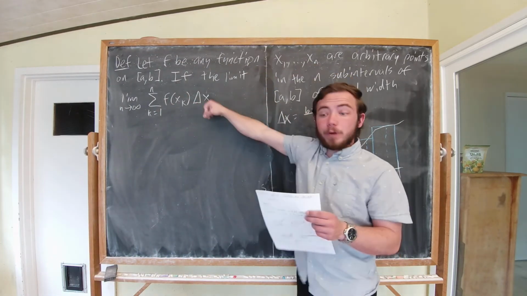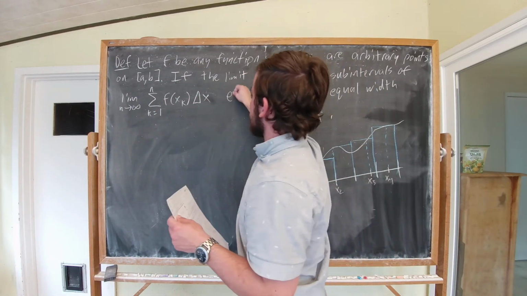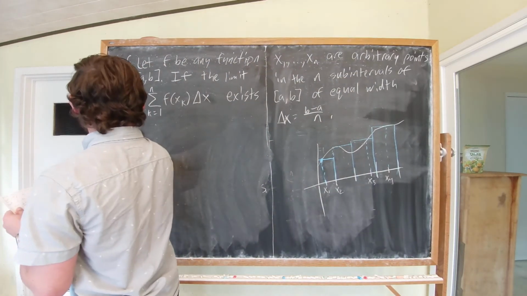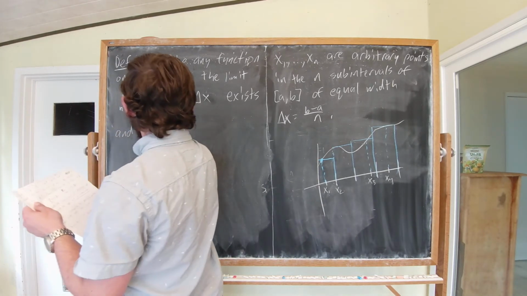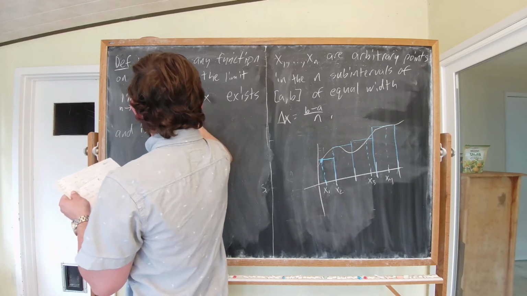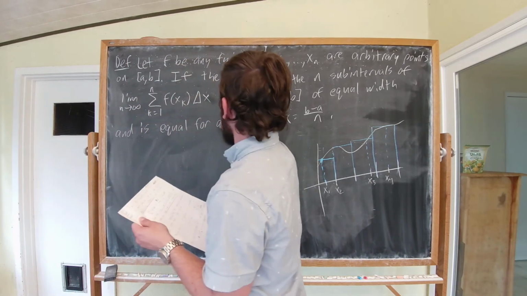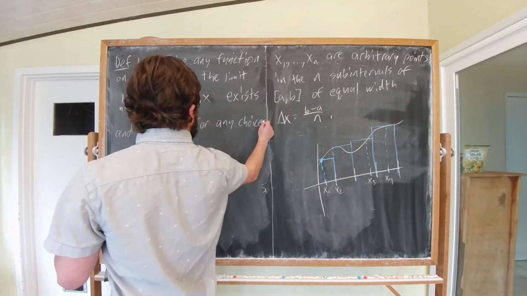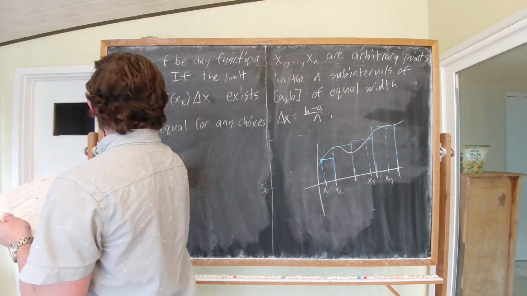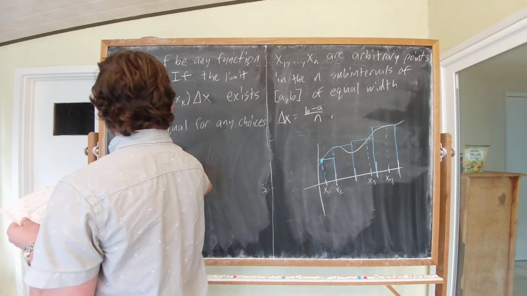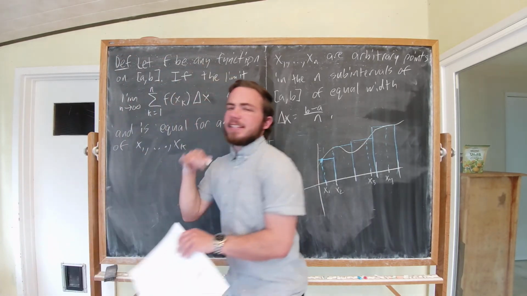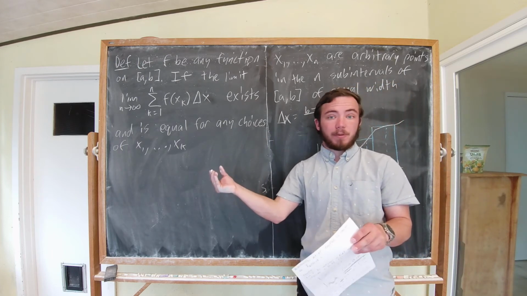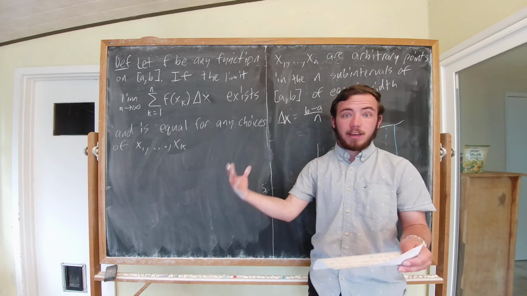If our normal Riemann sum limit exists, right, because limits don't always exist, if the limit exists and has that property of it being equal for any choices of x1 through xk. So basically any function where it doesn't have to be continuous, it doesn't have to be non-negative, but it still satisfies that same nice property as you get for free if you have non-negative and continuous.